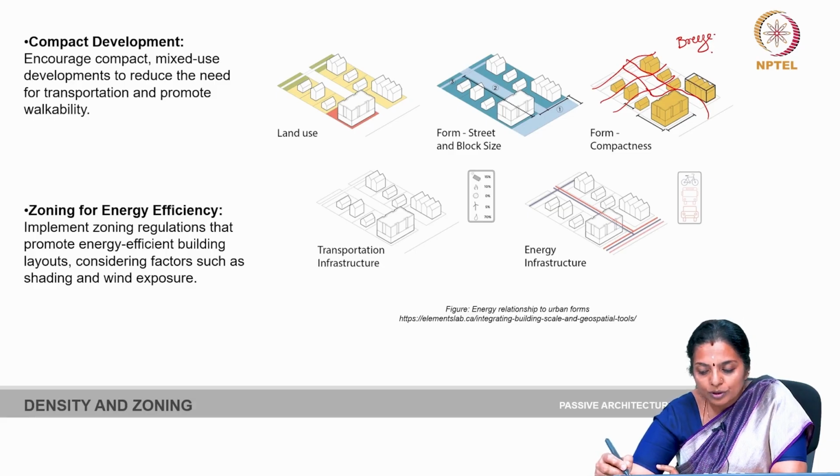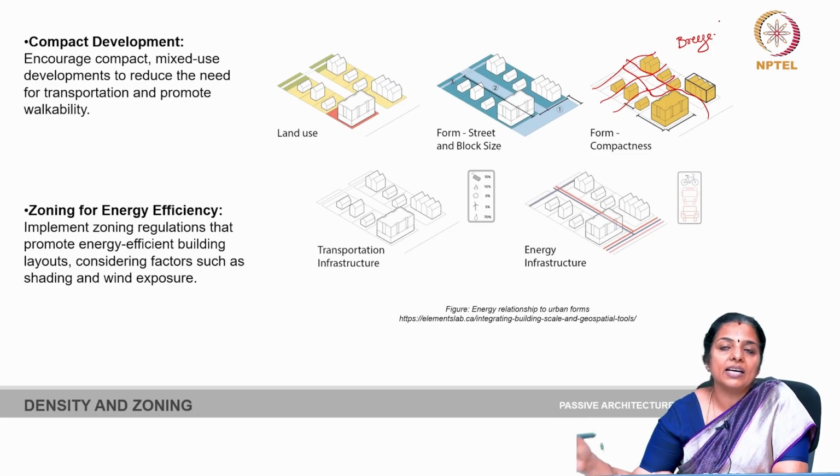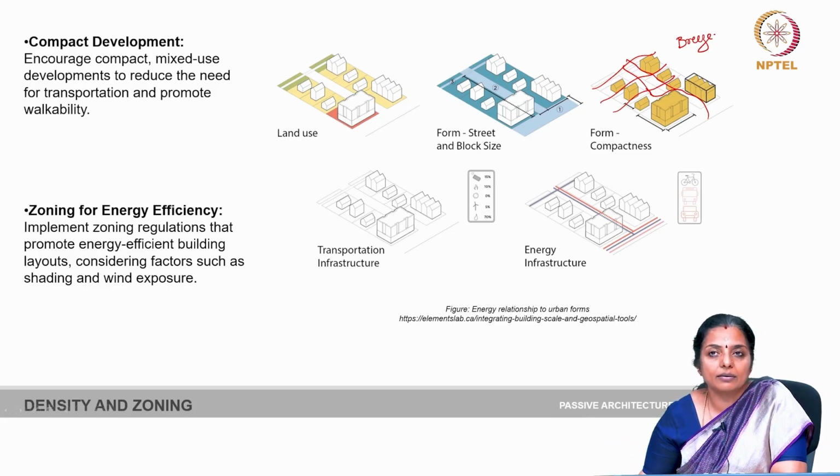It doesn't seem suitable for a hot dry climate because it's not too compact and not too dense, and this kind of a layout must focus more on overall sustainability in terms of trying to give green space conservation and transportation, that is green transportation, as well as increasing walkability within this setup.